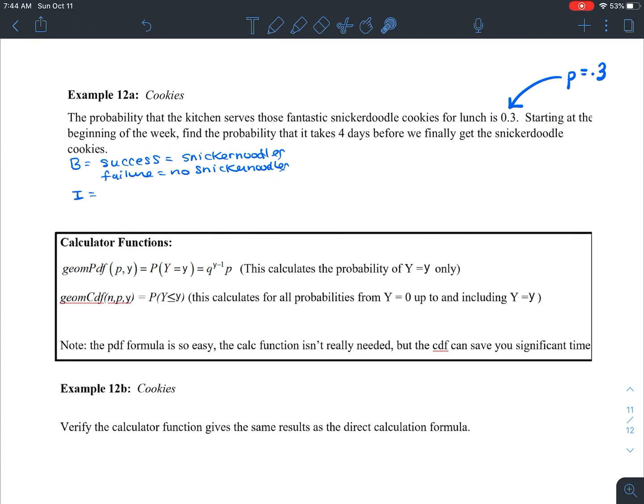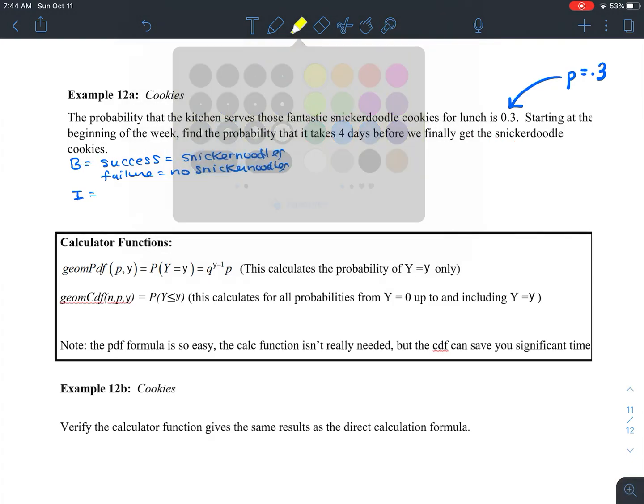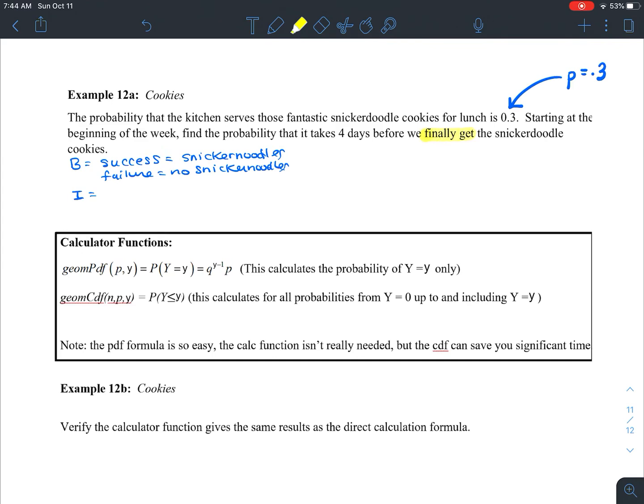As I read through here, it says, starting at the beginning of the week, we want to find the probability that it takes 4 days before we finally get the snickerdoodle cookies. You can tell as you read through this, this is talking about until we get the snickerdoodle cookies.